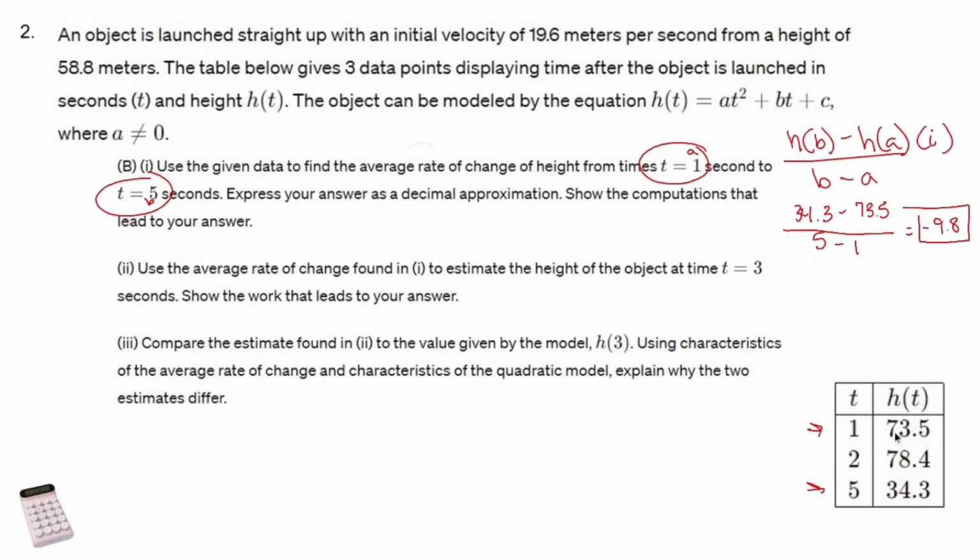Okay, so at t equals 1, we get 73.5. So for every second we go down 9.8 meters, let's subtract 9.8 and then 9.8 again. That gets us to 2 and then to 3. And by doing that, we get 53.9.